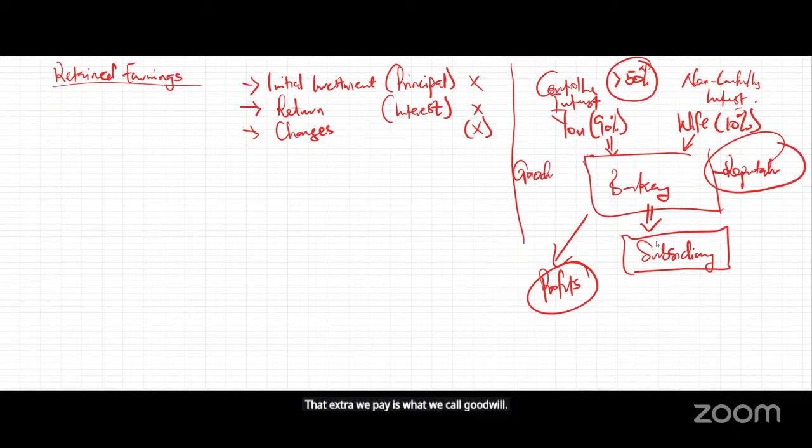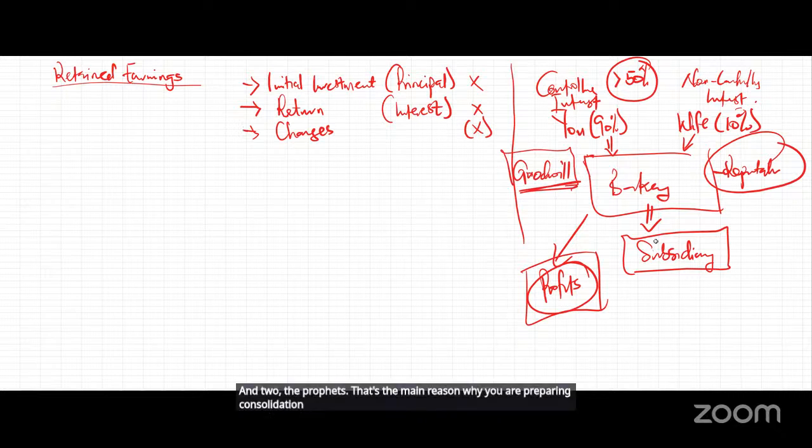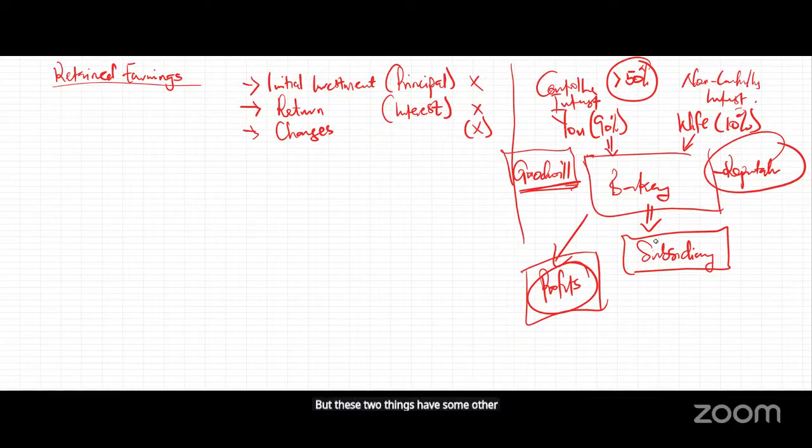Do you remember? I said this the last time. So it's two things: one, the goodwill, and two, the profits. That's the main reason why you are preparing consolidation. Apart from that, there's no other reason. It's these two things, but these two things have some other workings that you need to do to get them.